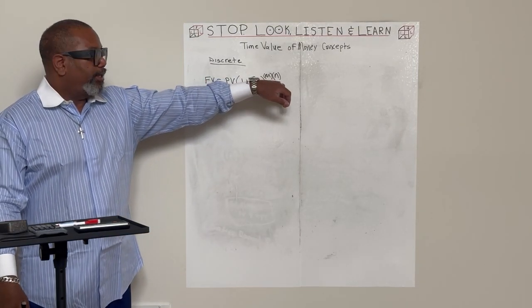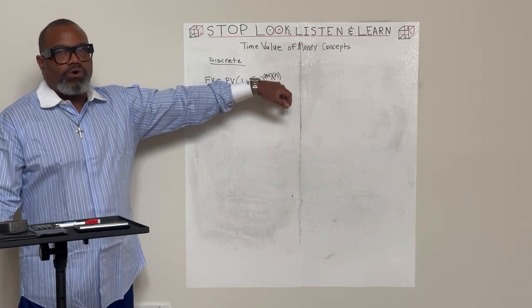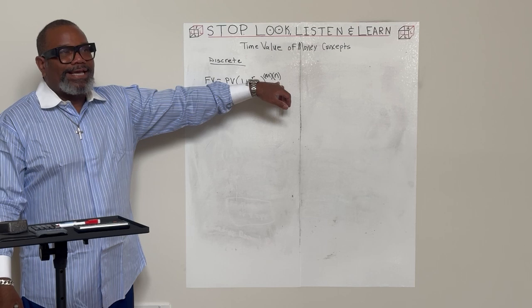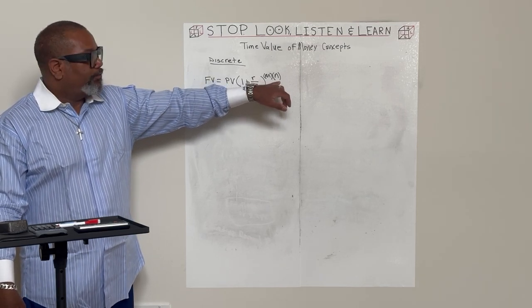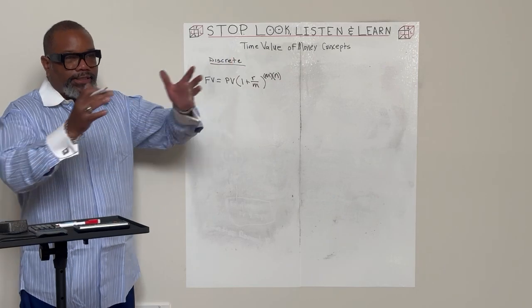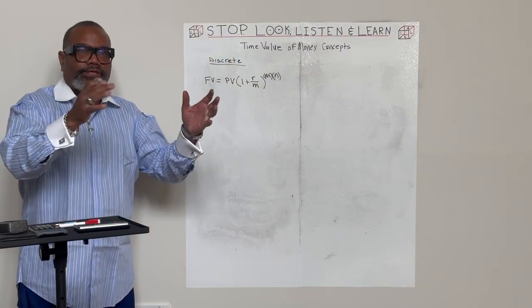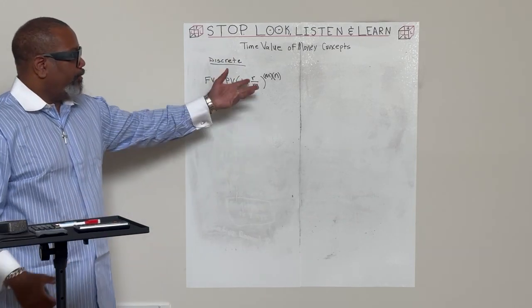Now in our example n was 1, but n could be a quarter, in which case n would be 0.25, or n could be 18 months, in which case n would be 1.5. So whatever n is, the number of years, it could be more than a year, or a fraction of a year that you're investing.